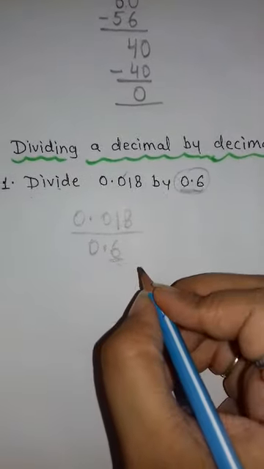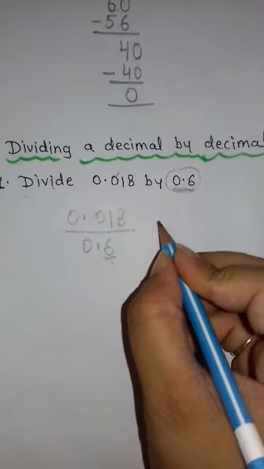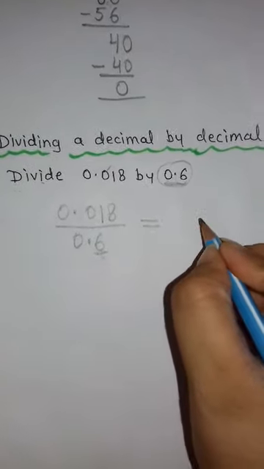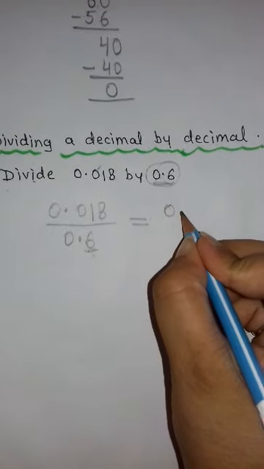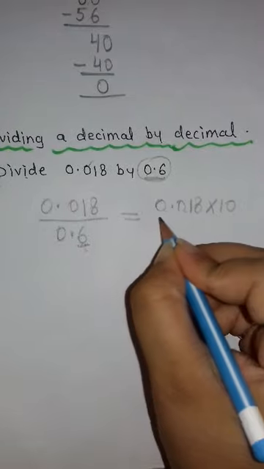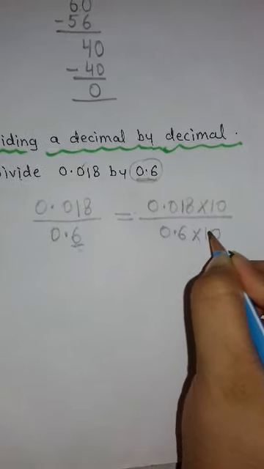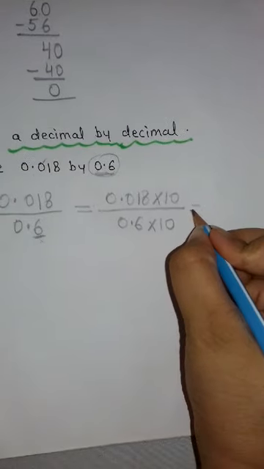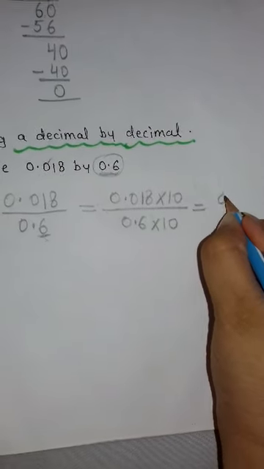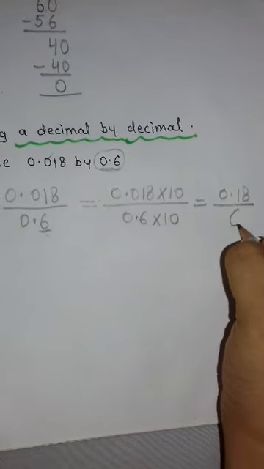Then multiply by 10 in the numerator and denominator. 0.018 multiplied by 10 and 0.6 multiplied by 10, and the answer is 0.18 upon 6.